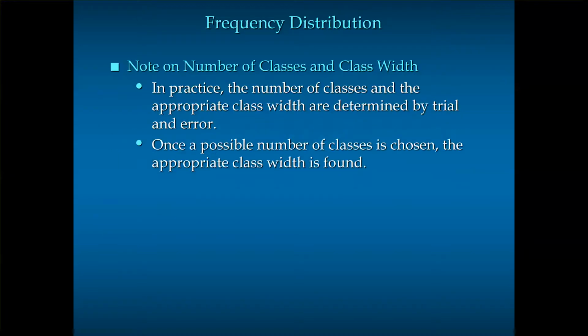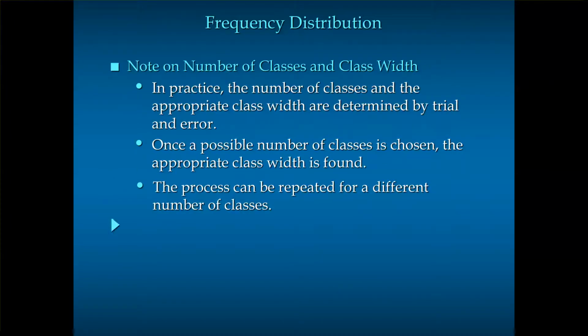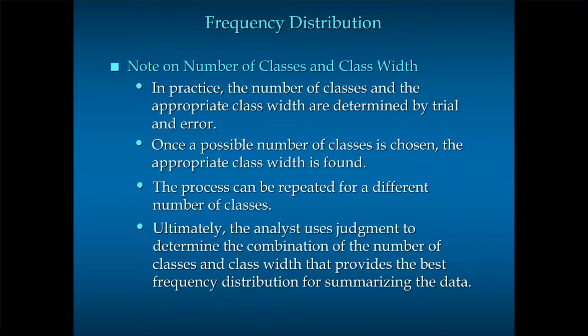Once a possible number of classes is chosen, the appropriate class width is found, because the largest and smallest numbers are decided by the sample before you make the classes. The process can be repeated for a different number of classes. Ultimately, the analyst uses judgment to determine the combination of number of classes and class width that provides the best frequency distribution for summarizing the data.